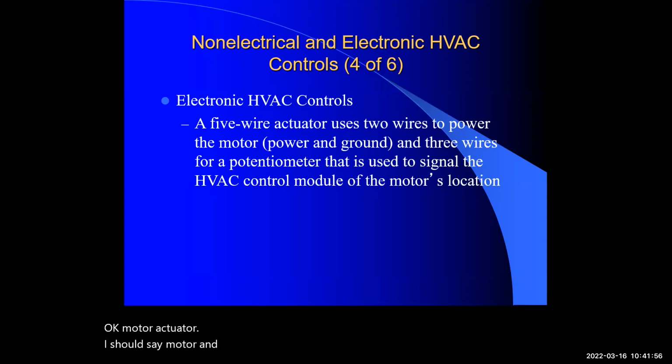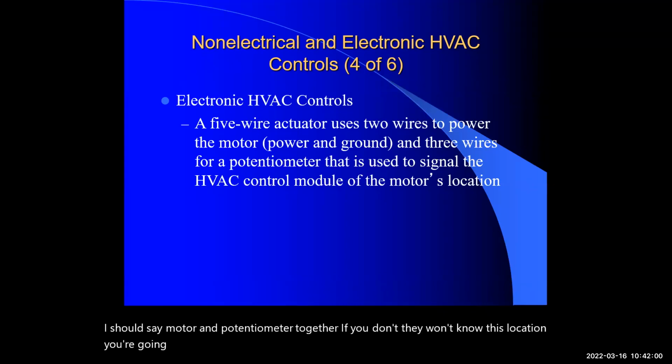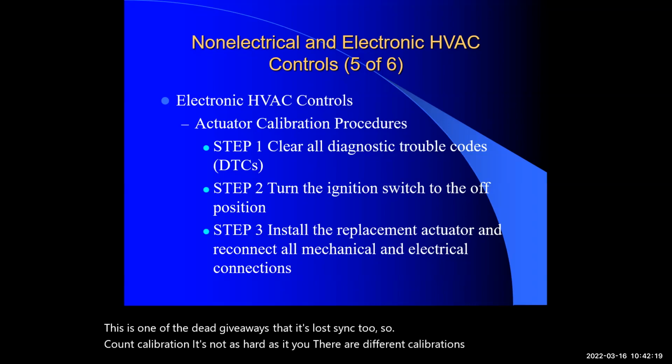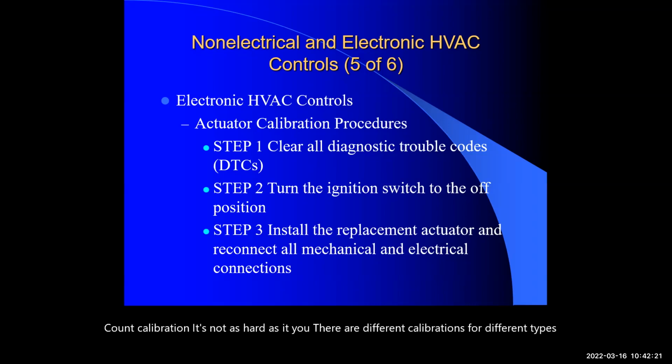If you don't, they won't know its location. You're going to get all kinds of flashing on the dash. This is one of the dead giveaways that it's lost sync too. Calibration is not as hard as it sounds. There are different calibrations for different types of systems. You just need to know how.